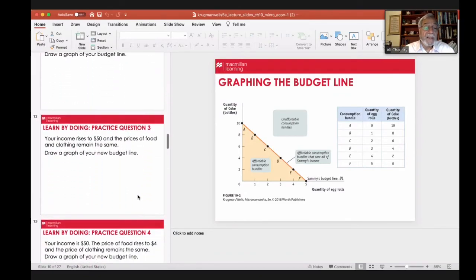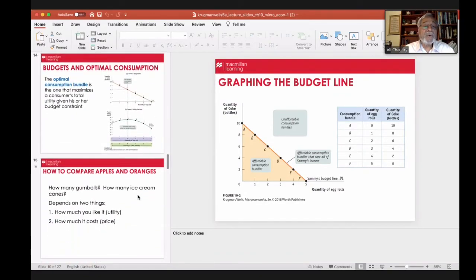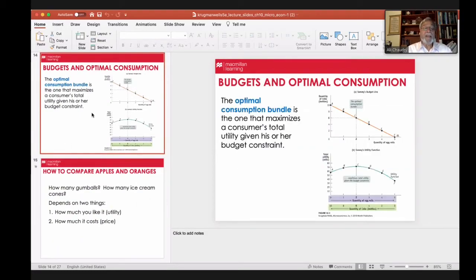Now, let's go to the optimal consumption bundle. And this is one of the fundamental points that I wanted to emphasize. What is the definition of an optimal consumption bundle? We consume a number of items, not just 2. In this example, we've been talking about just 2 of them, right? Quantity of Coke and the egg rolls, right?